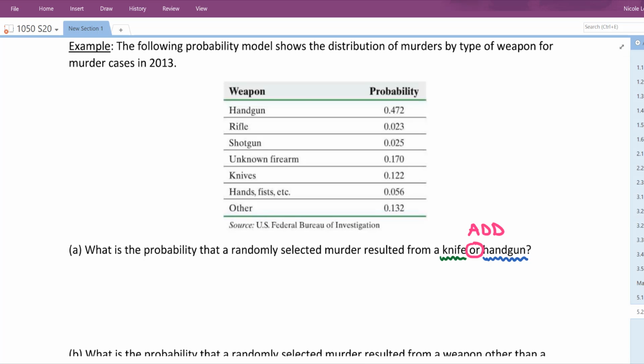Looking at the table, we just find these two probabilities and add them together. The probability that a murder in 2013 used a knife is right here, 0.122. Or tells me to add, so plus the probability of handgun, which was 0.472.